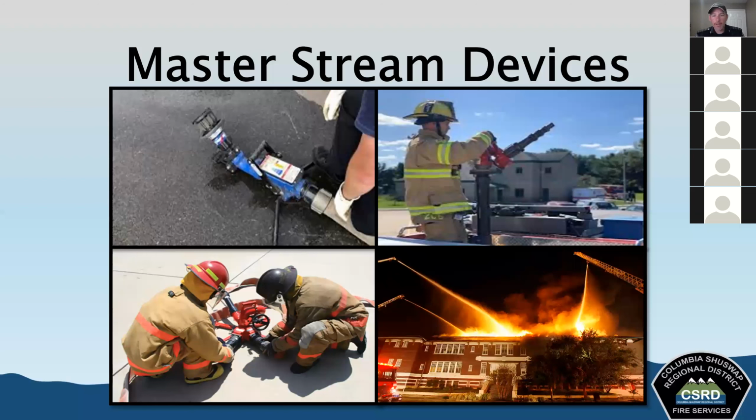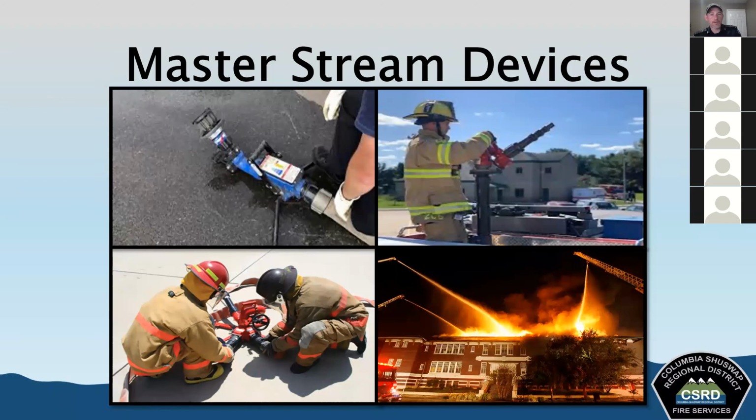So when we're looking at where we want to place these master stream devices, they need to be properly positioned to apply an effective stream on the fire. If it's necessary to move them, we want to shut them down. We don't want to move a master stream device by hand, like a portable monitor like we have on the top left there, unless we've shut it down first.